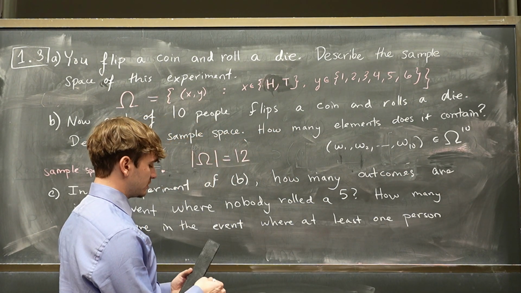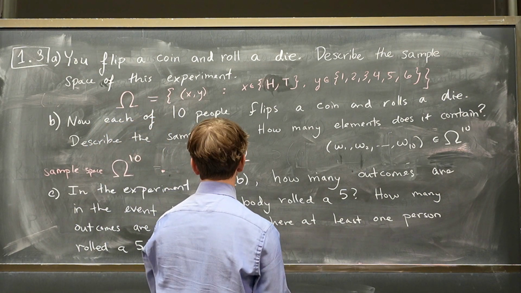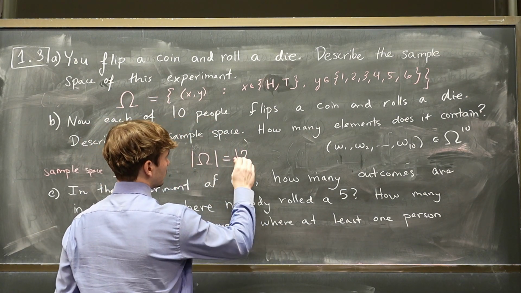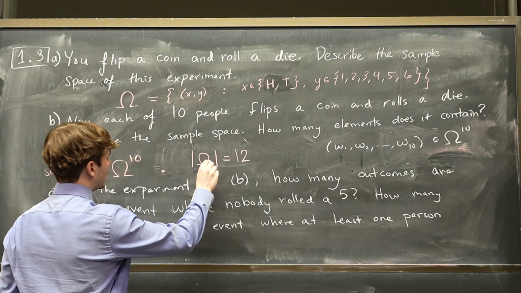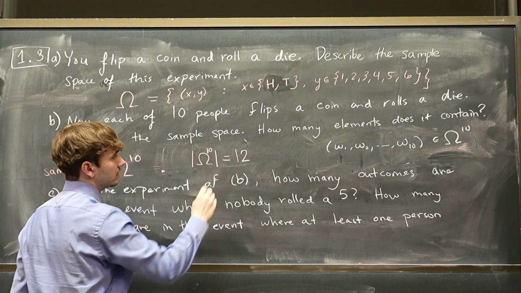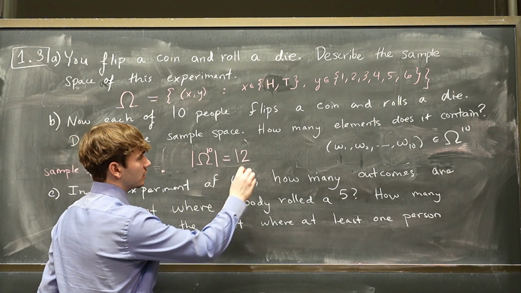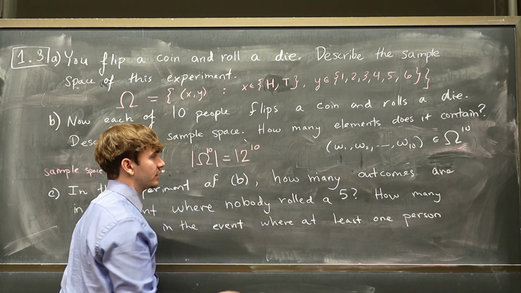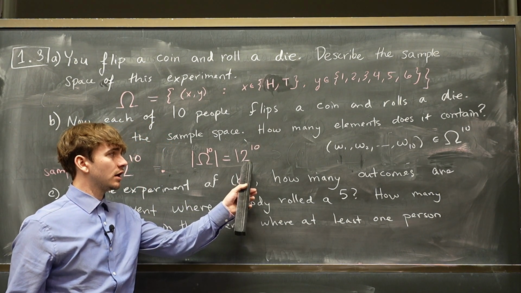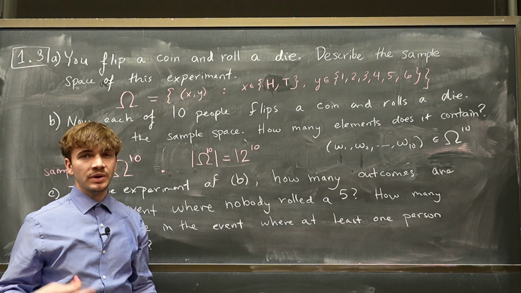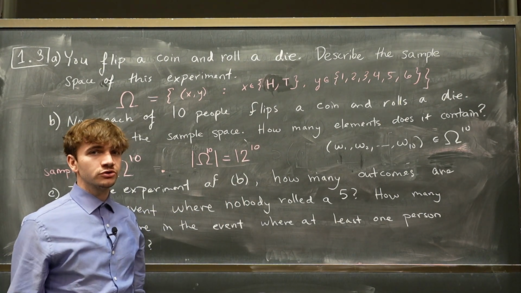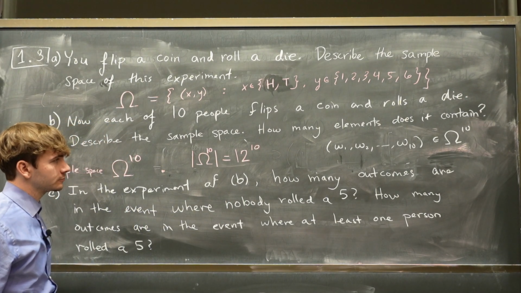So this suggests that, in fact, the cardinality of omega to the power 10 is simply 12 raised to the power 10, where now I'm actually raising the number 12 to the power 10 in the usual sense. Okay?